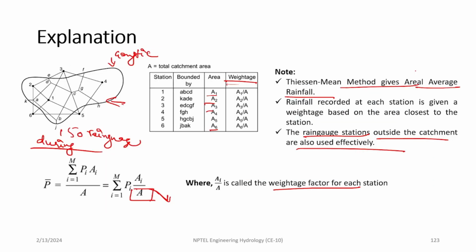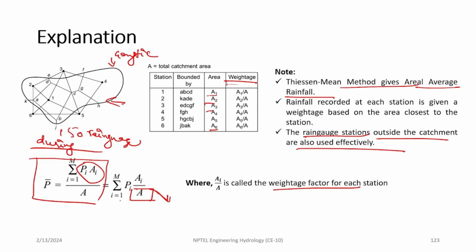Now, Ashish, I want you to note one important thing: once we get the Pi into Ai aggregated value, we are taking a sum of all these stations, and at the end it is divided by the entire area of the catchment.